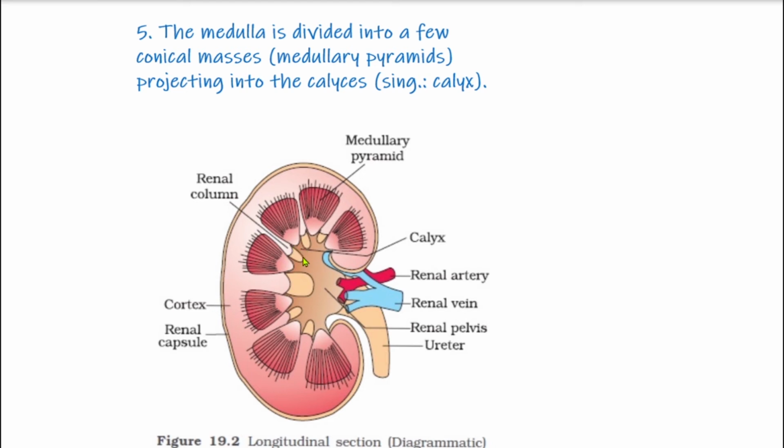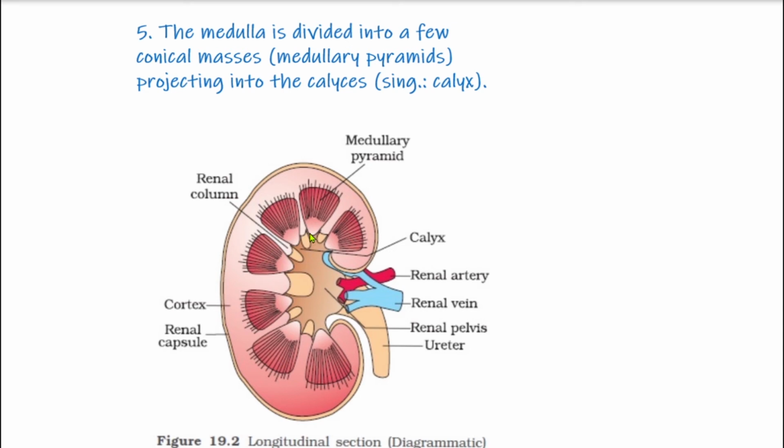First there are narrow spaces which join to form broader spaces, and these broader spaces further join to form the renal pelvis, and this renal pelvis will continue as the ureter. So these spaces are for collecting the urine.